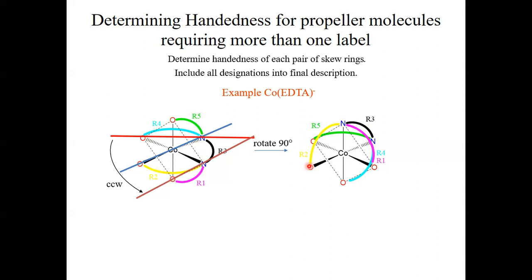So now, what about the ring R1, for instance? So you see, for the ring R1, we said that we move this oxygen here and this nitrogen over here. Therefore, our ring R1 stands now here. So what about R3?